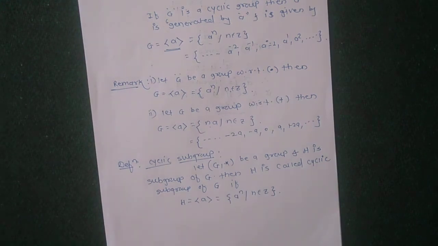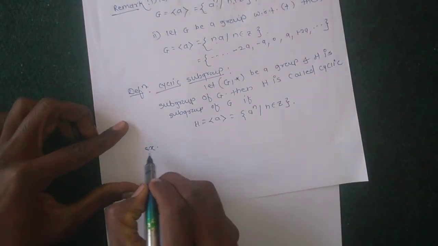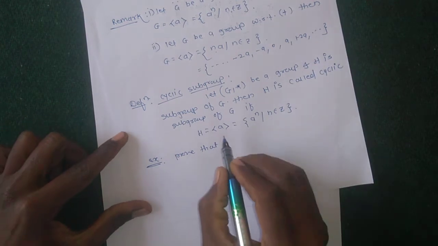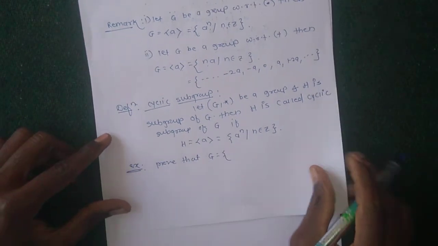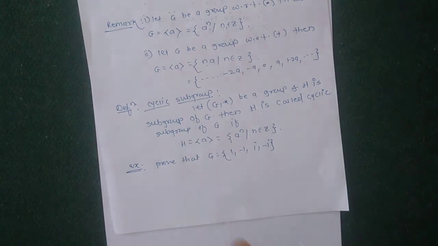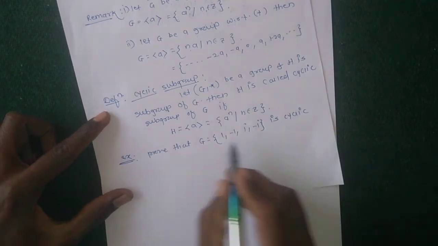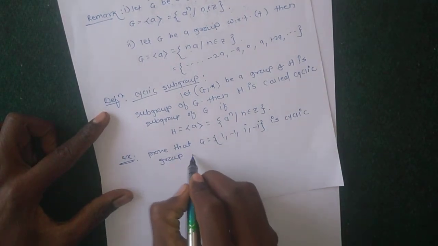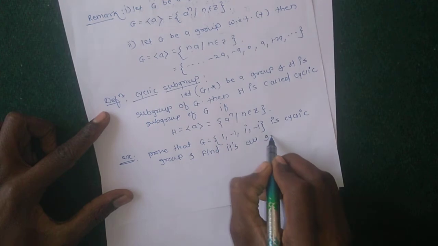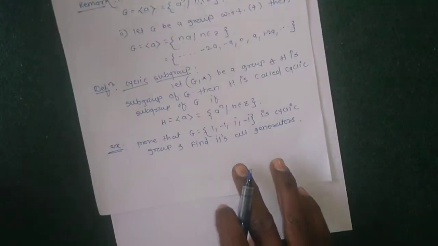Now the next example. Prove that G equal to 1, minus 1, i and minus i is a cyclic group and find all its generators. This example is also seen through the explanation of the definition of cyclic group.